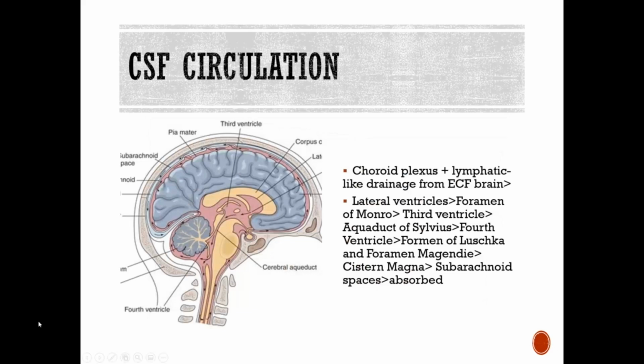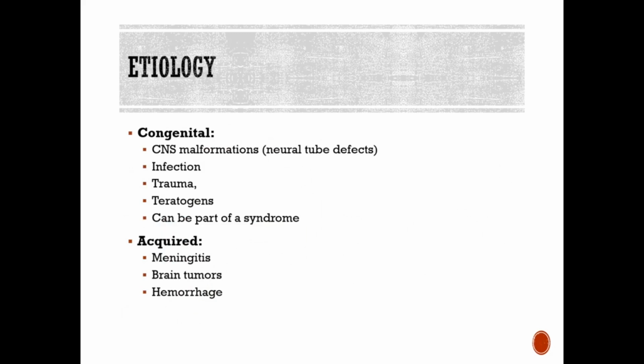So this slide is just a review of the cerebral spinal fluid circulation. You're not going to need to know this, but this can give you a general idea of how cerebral spinal fluid circulates. So a disturbance in the circulation can lead to hydrocephalus. Like many things, the cause of hydrocephalus varies, but it either results in impaired absorption of cerebral spinal fluid within the subarachnoid space or malfunction of the arachnoid villi.